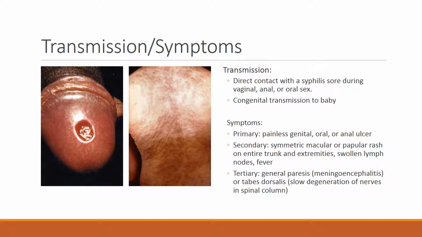And then finally, the third stage is the tertiary stage, and that's when the spirochete bacteria has kind of weaseled its way into the central nervous system, and it's creating changes in the neurons. We're going to see a chronic inflammation around the meninges, so it'll be a kind of meningoencephalitis, as well as a slow degeneration of the nerves in the spinal column.